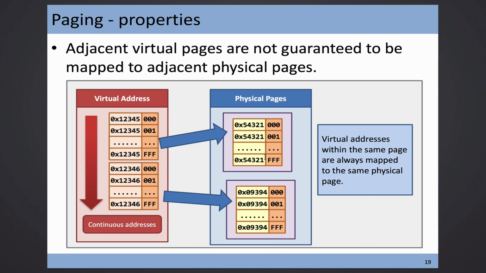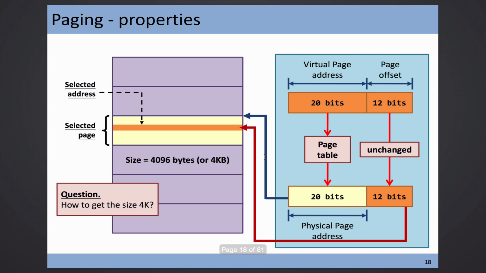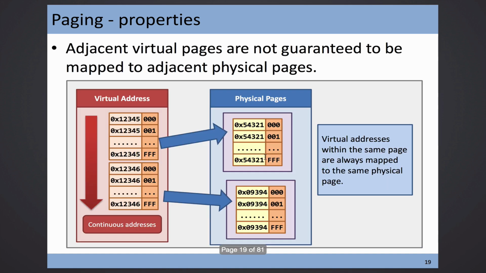It will be copied to this physical address, no matter how, right? Because I say that I won't change this guy, so I'll copy it one by one. Now, what this means is that whenever I see 1, 2, 3, 4, 5, please look up into the lookup table, right? There's a lookup table here, it's called a page table. I will try to match this into another guy. Let's say it's called 5, 4, 3, 2, 1. Yeah. The translation is reversed, okay? Yeah, 5, 4, 3, 2, 1.